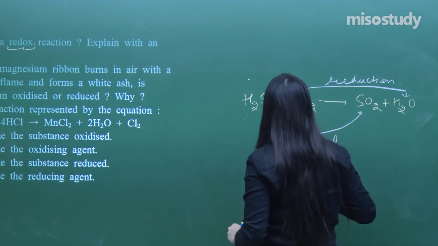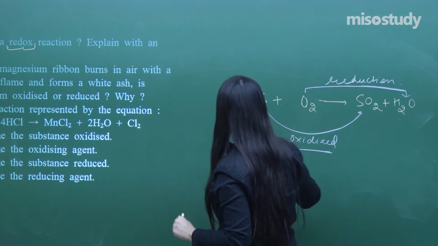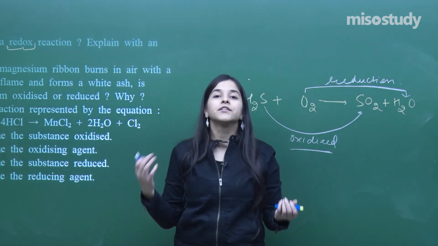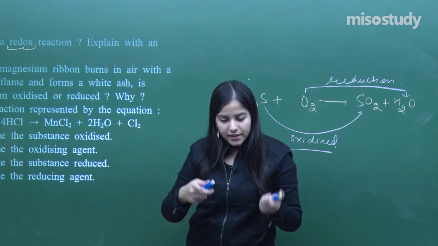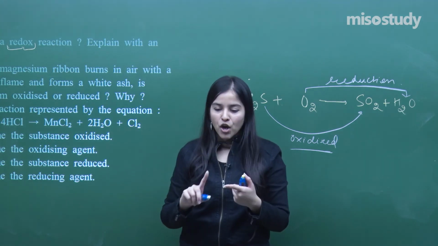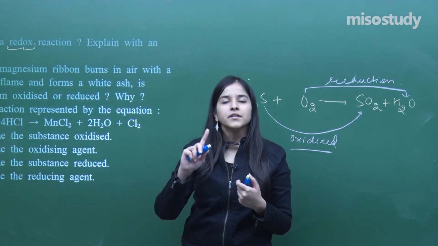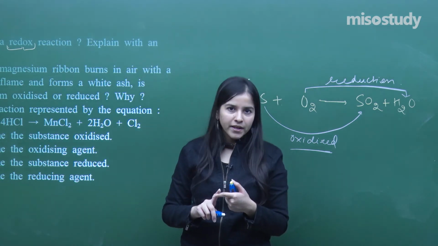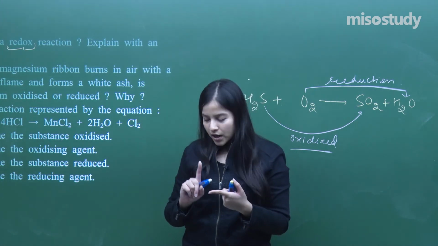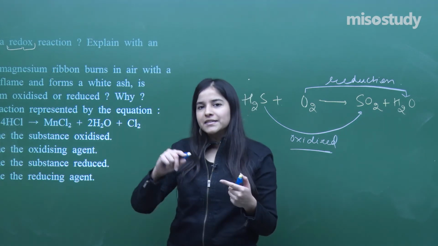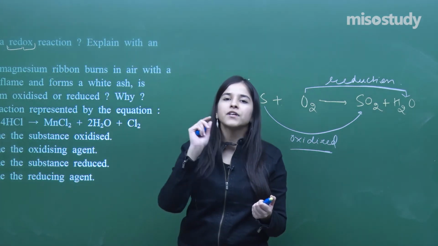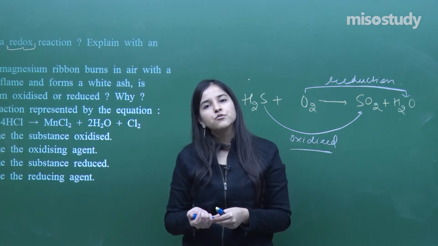So basically this entire reaction is a redox reaction, having a reduction process as well as oxidation. What is reduction? Reduction is addition of hydrogen or loss of oxygen. It can be either of the two. And oxidation is addition of oxygen or loss of hydrogen. Either of the two can be there.